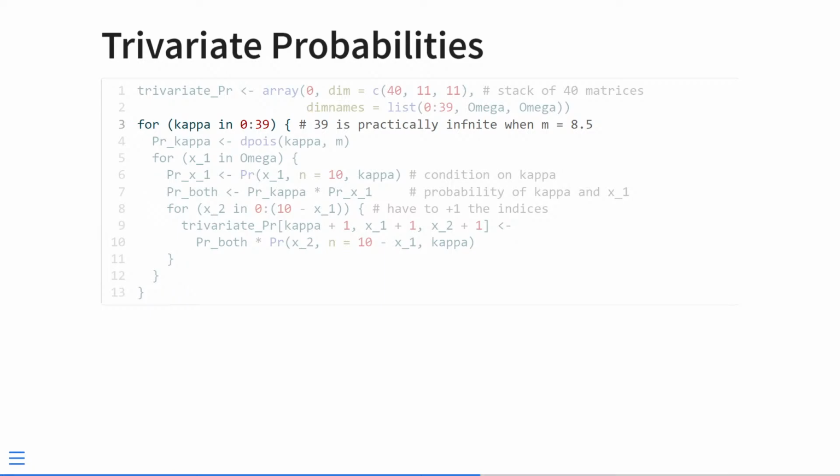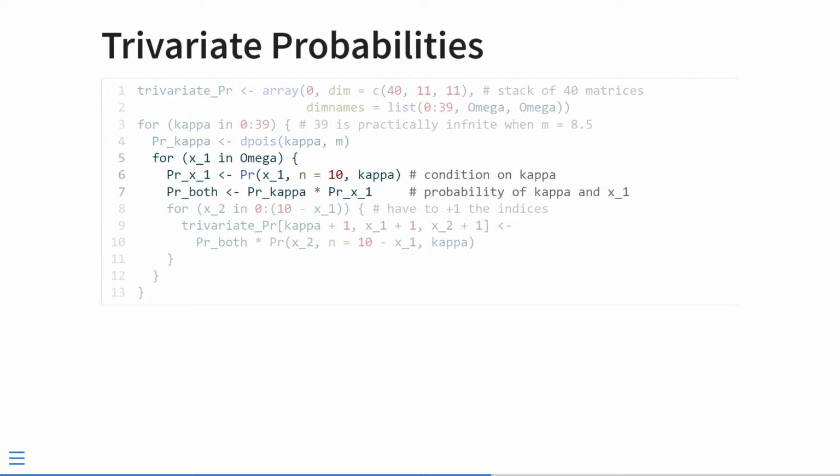So I'm going to loop over the possible values of kappa between 0 and 39, and evaluate the Poisson probability mass function, the dpois function, at kappa with the expectation. That's going to be a probability between 0 and 1.